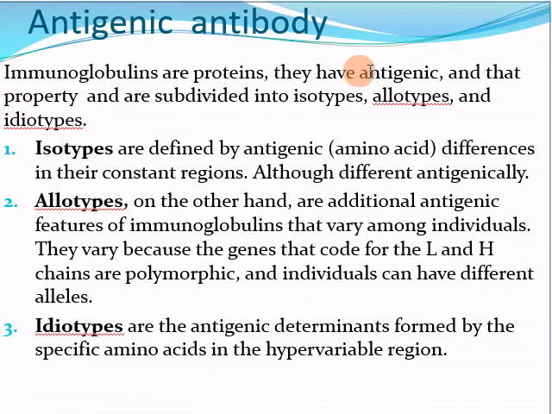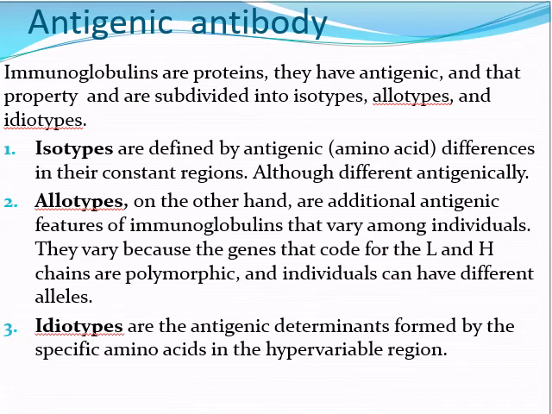At times these immunoglobulins represent the immunogen or antigens. Okay, and based on that they are divided into three different types: isotype, allotype, and idiotype. And this also shows there are certain differences in the composition of amino acids, and also differences in the light chain and heavy chain forms.